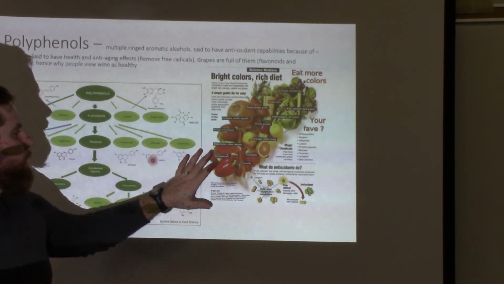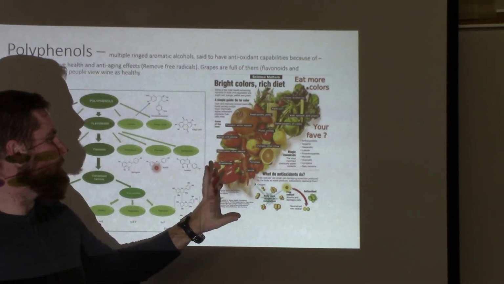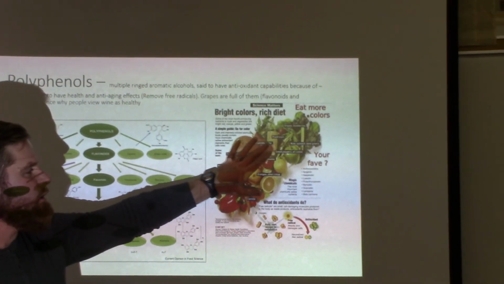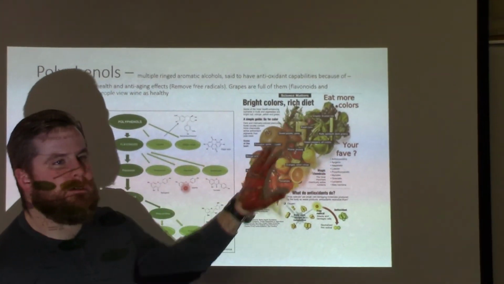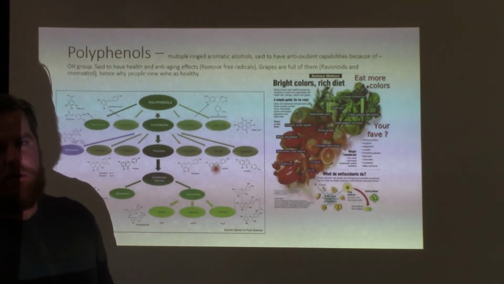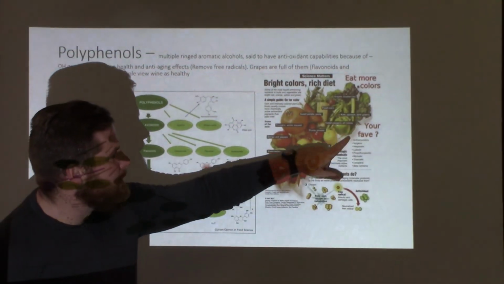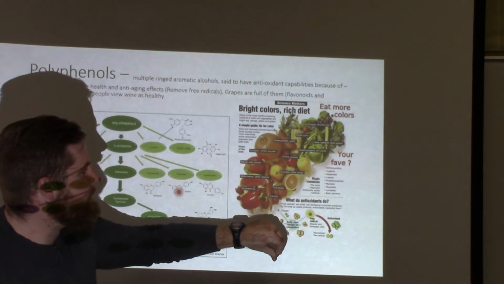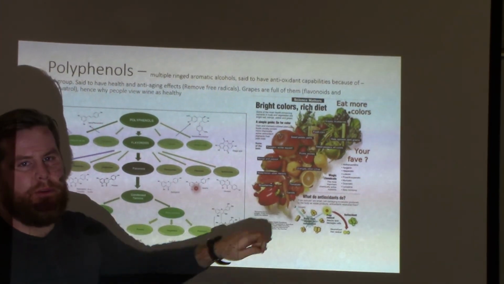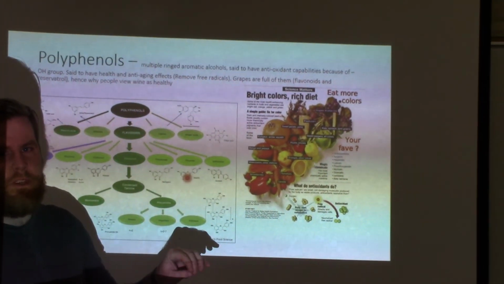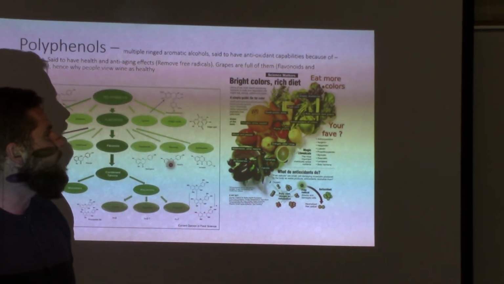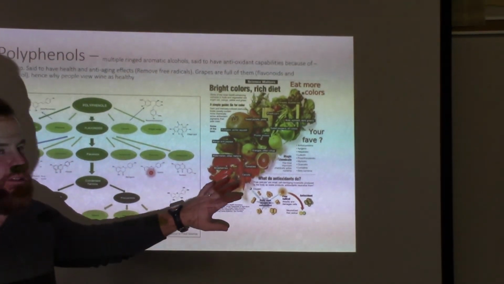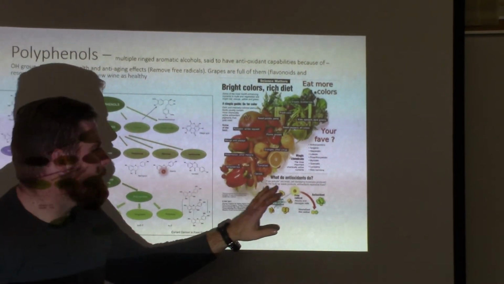So if you have a more colorful diet with different types of fruits and vegetables, you're getting all sorts of different types of antioxidants. Okay? And this shows a whole bunch of different types of antioxidants. And typically the darker or more colorful the vegetable or fruit, like blueberries for example, the more full of antioxidants they are. So they can remove free radicals from your diet.